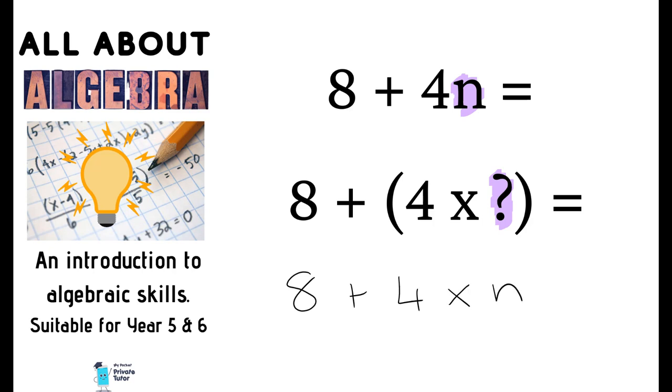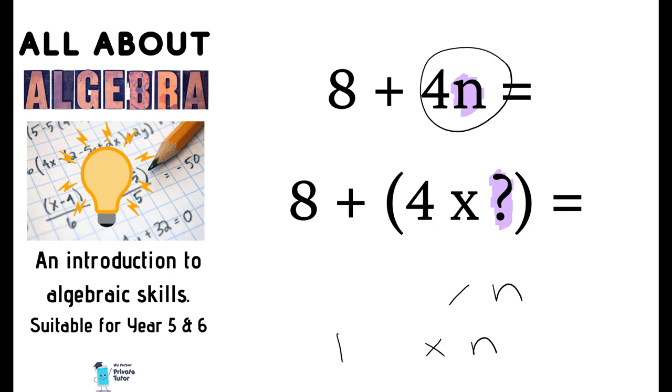We need to make sure that we're multiplying first. We need to make sure that we do 4 times n before we add the 8, and that we don't accidentally do 12 times n, which is our mystery number. Okay, so if you have 4n, 5n, 3n, you must make sure you calculate that bit first.